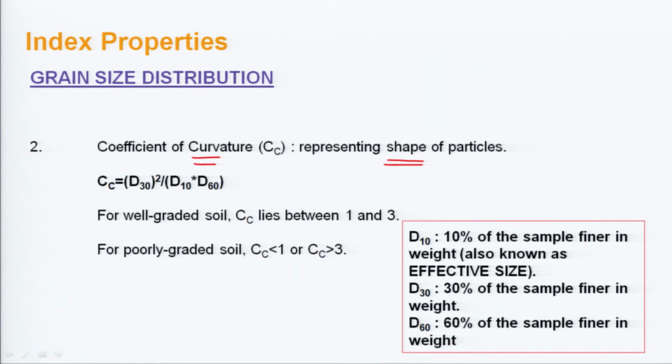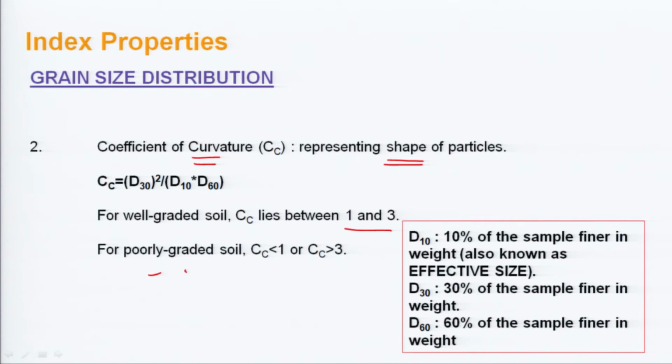For a well graded soil, we are not talking about sand or gravel here, we are talking about the entire range of soil. So, for well graded soil, the Cc value lies between 1 and 3. If the value does not lie between them, that is, if the value is less than 1 or greater than 3, it is referred to as poorly graded soil.